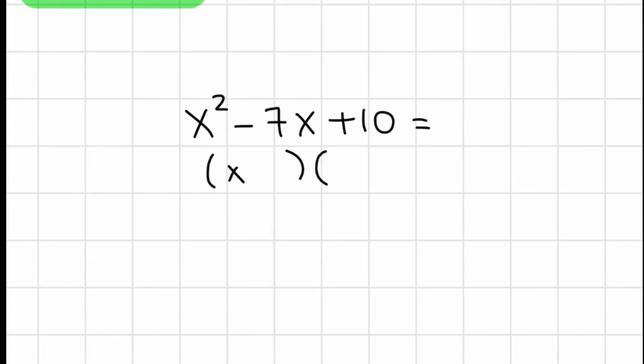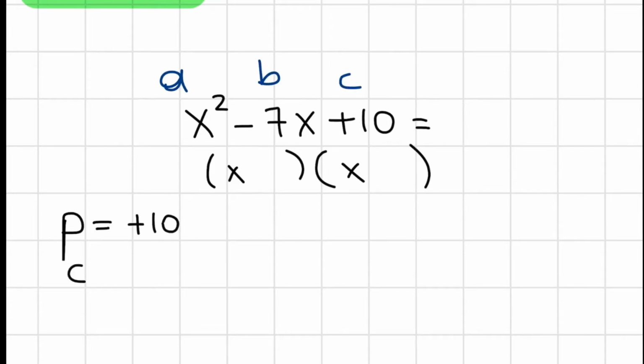Suppose we have x squared minus 7x plus 10. How can we factorize that? We should end up with two brackets like these and fill in the m and the n depending on the numbers we get. What we said beforehand was that our product is c, which in this case is plus 10, and our sum is in this case minus 7.